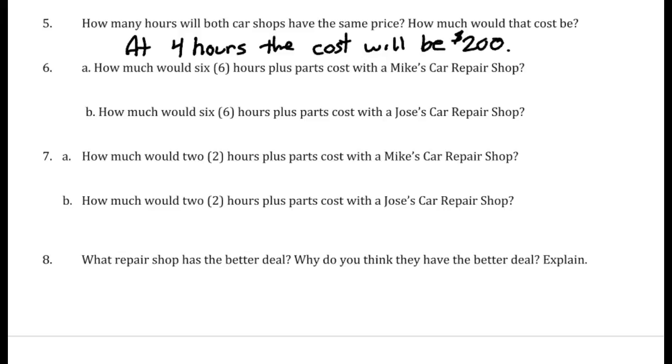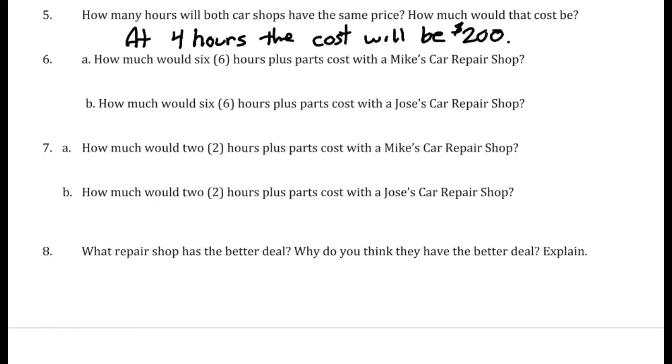Okay, full sentence. Okay. And of course, which one's the better deal? Is there one that's always a better deal? So for 0 to 4 hours, and it should look like this.